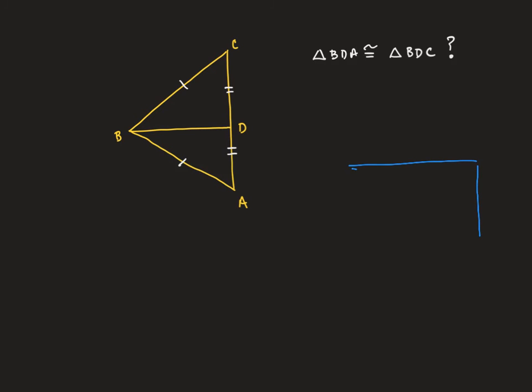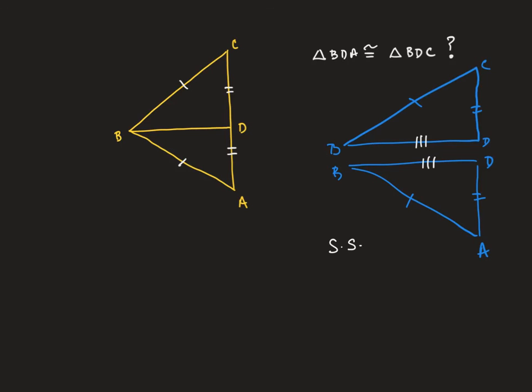I have triangle BDA, and then triangle CDB, or BDC. The only thing I can look at here is that I do have two sides that are congruent. Do I have another side that's congruent? I think I do, because BD should be congruent to BD. So therefore I have side, side, side congruency by looking at these two images. So again, using what I have, identifying what I have, and then seeing what is still available on the image to determine that congruency.